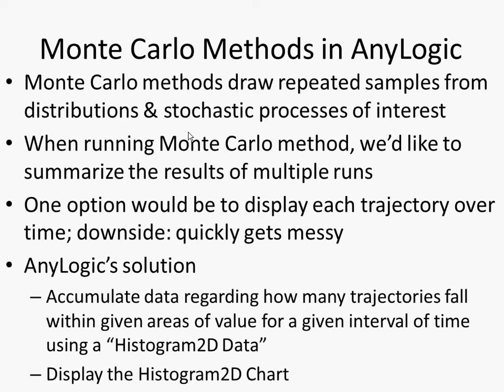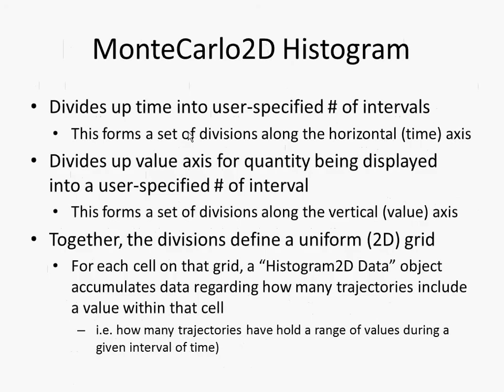It's capturing two-dimensional histograms, or the 2D of time and value, in a way that will let you recognize the spread, or level of dispersion, among different outputs. So a key component of this is what's called the Monte Carlo 2D histogram, which you'll soon acquaint yourself with.